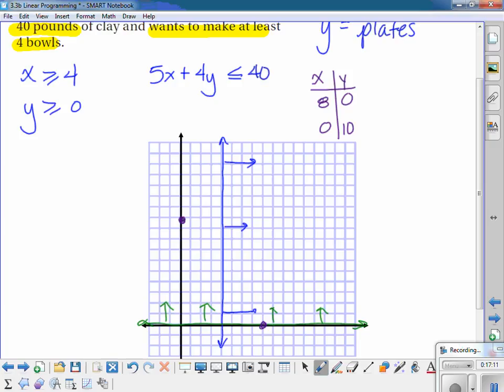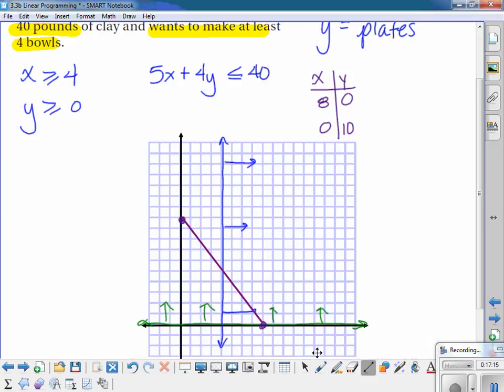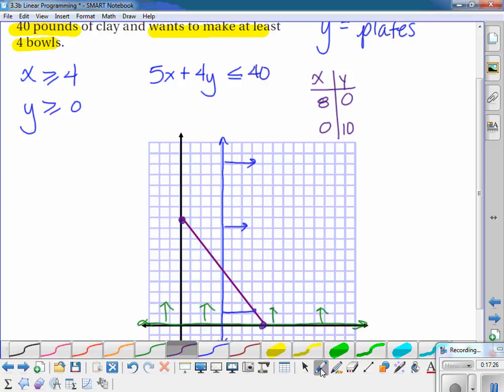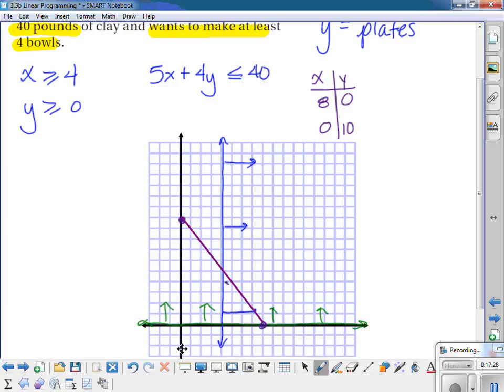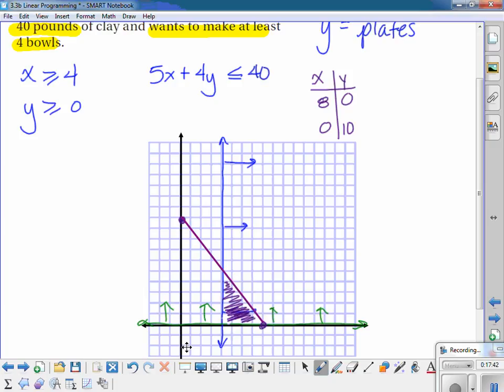And then I draw a line between them. All right, and it's y is less than. If I was to rearrange it, it's still going to come out that y is less than. So the region ends up being in this triangle right here. Okay. All right, so there's my region.